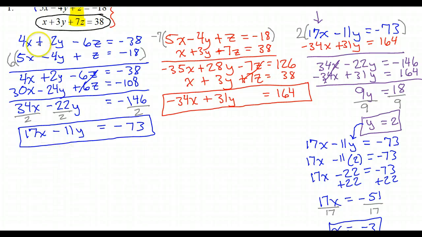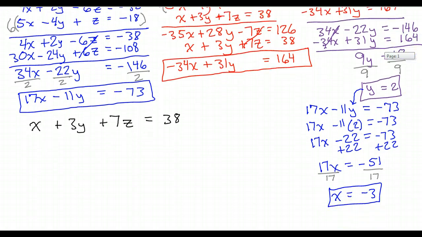So what I'm going to do is just recopy that down here. Whoops, not 3. I've got x plus 3y plus 7z is equal to 38.